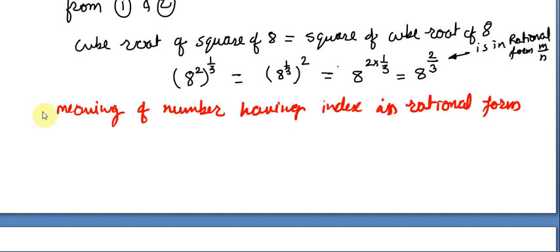So first example is 8 raised to the power 2 by 3. Already we have taken this, but still we will see it for understanding.